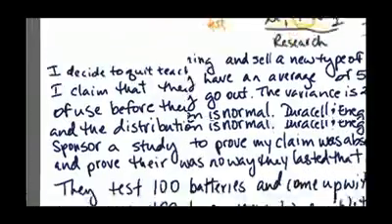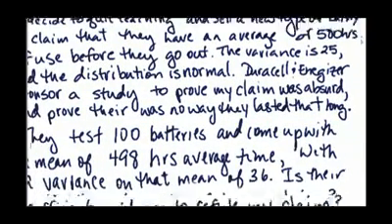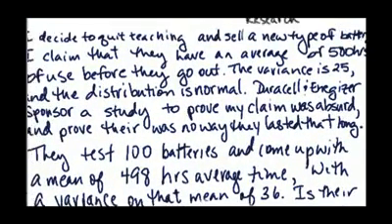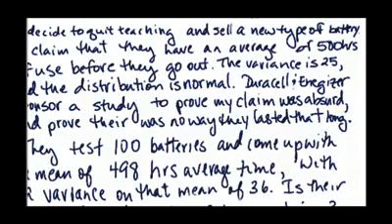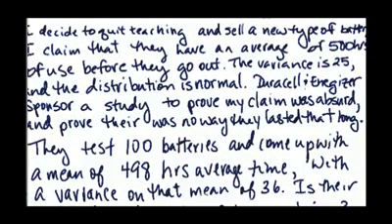Alright, so let's look at this wonderfully long example. I decide to quit teaching and sell a new type of battery. I make a claim that it lasts an average of 500 hours before it goes out. The variance is 25, so out of all that information, those are the two important things, and its distribution is normal.